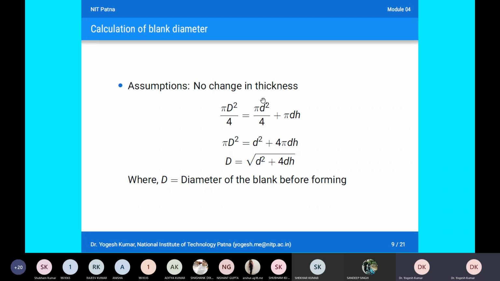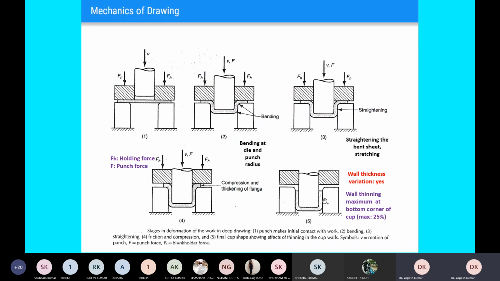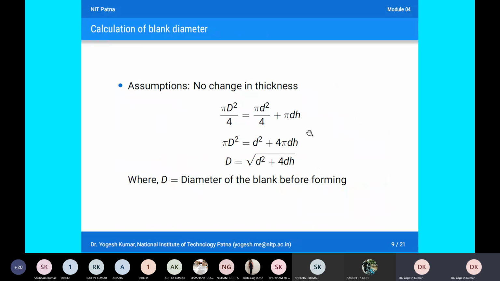Similarly, for the portion which is under the contact of your punch, that will be pi small d square by 4 into T, and pi d h into T for this portion. As we are assuming a uniform thickness, T will not vary, and we have removed that term.